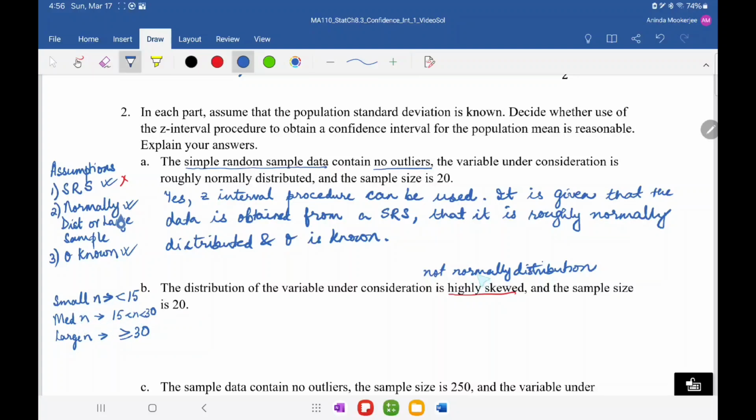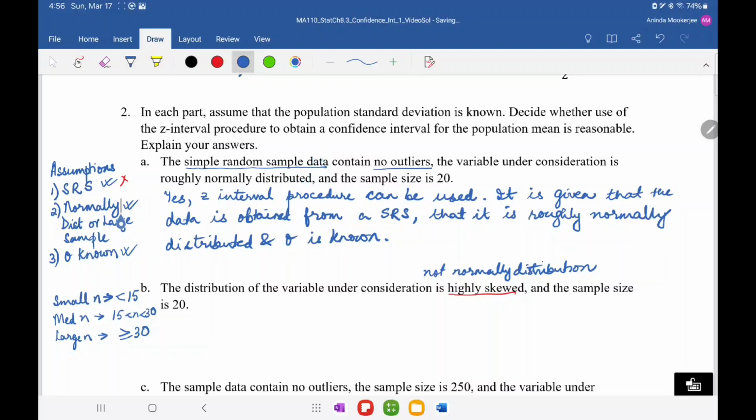Because the variable is highly skewed, and they also haven't told us whether the data was obtained from a simple random sample, we cannot use the Z interval procedure.